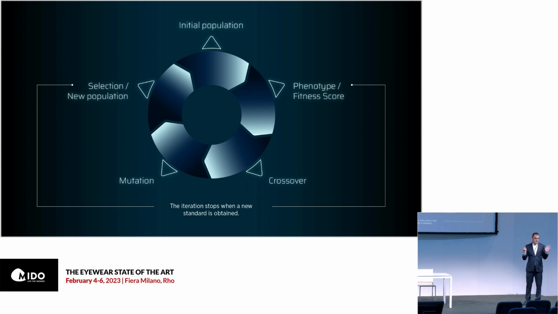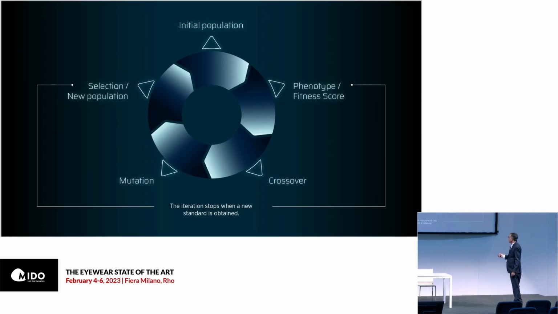We apply the Gauss equations, forms 1 and 2, in order to calculate the power and astigmatism. Then we make the designs cross with one another, exchanging genetic information. That means that the alpha and beta functions cross, following the rules that I explained.